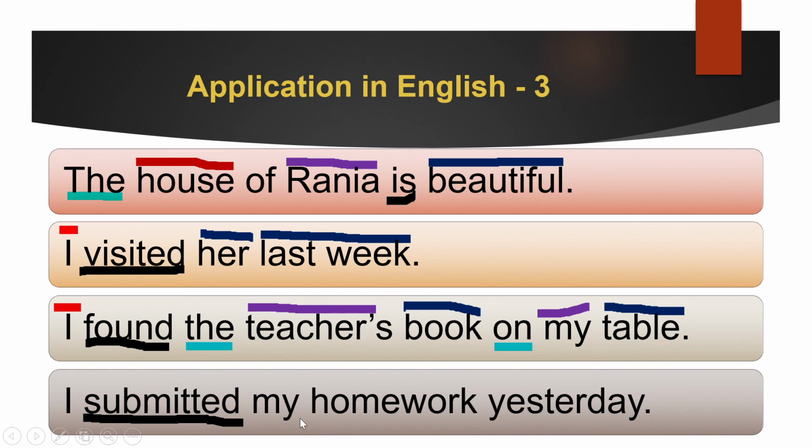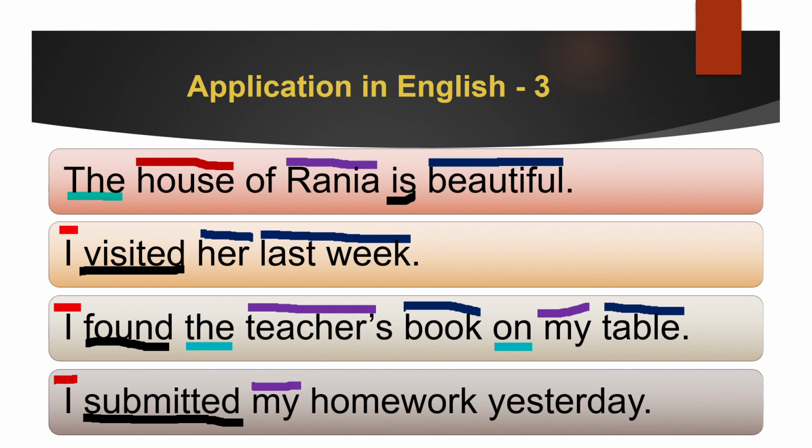Next, in the fourth one, very clearly, I is a doer. My homework. Again, there's a possessive pronoun. There's ownership here, there's belongingness here. How can it be rephrased? Homework of mine. Homework of mine, which means my is going to be in the jar's place.